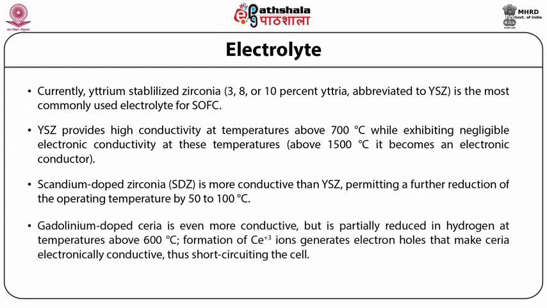Gadolinium doped ceria is even more conductive but is partially reduced in hydrogen at temperatures above 600 degrees Celsius. Formation of Ce+3 ions generates electron holes that make ceria electronically conductive, thus shorting the cell. Alternative electrodes have been considered and are being developed.